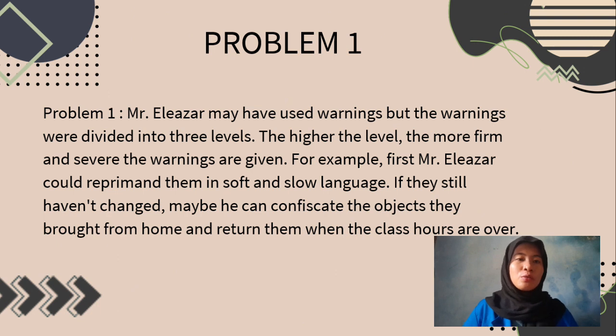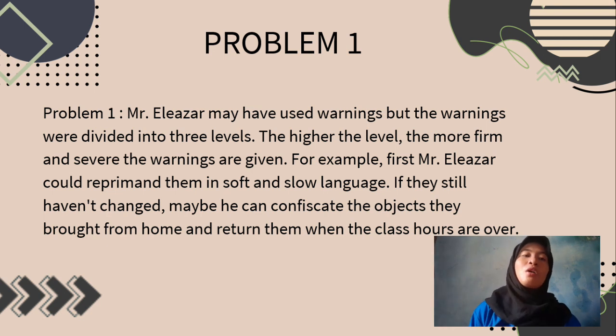Part 2. The solution for problem number 1: Mr. Eleazar might have used warnings, but the warnings were divided into 3 levels. The higher the level, the firmer the warnings given.